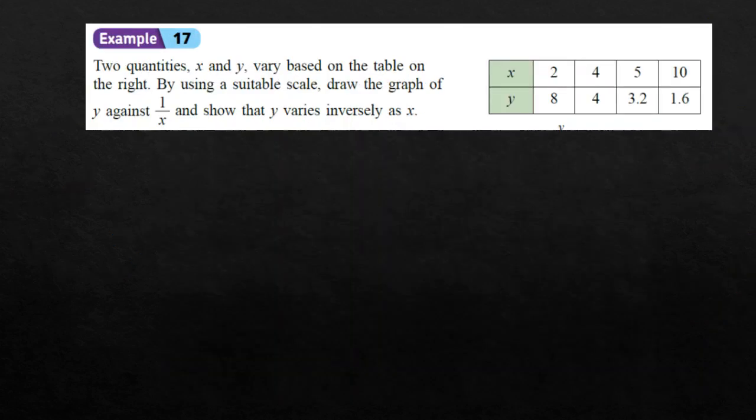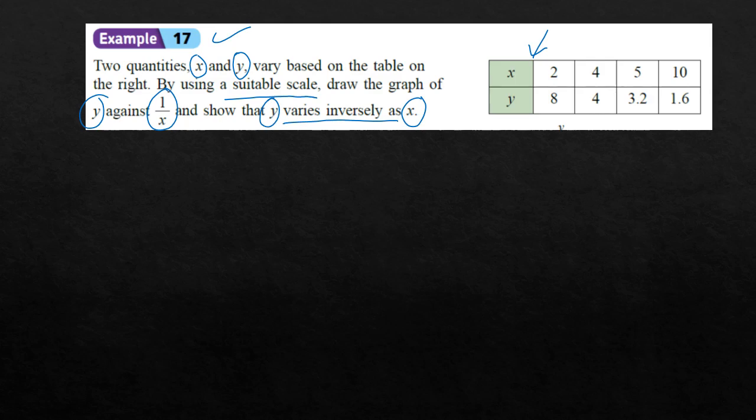Okay? Now we look at example 17. Two quantities x and y vary based on the table on the right. By using a suitable scale, draw the graph of y against 1 over x, and show that y varies inversely as x.